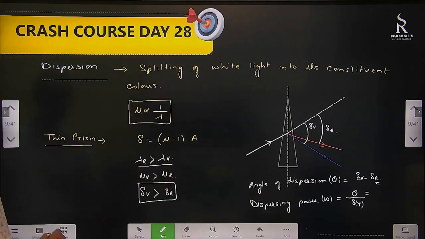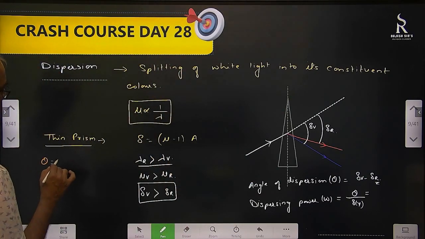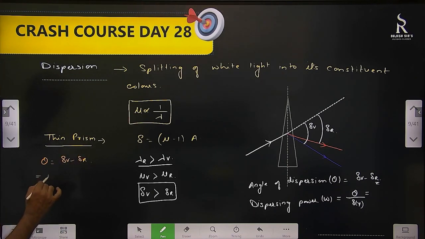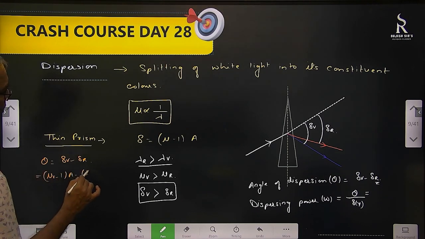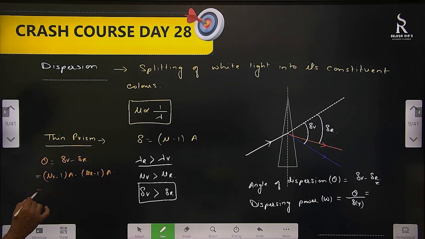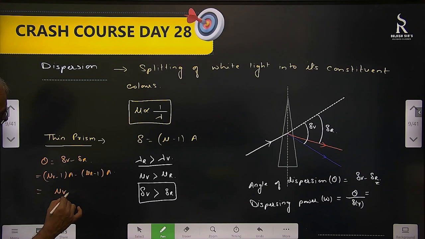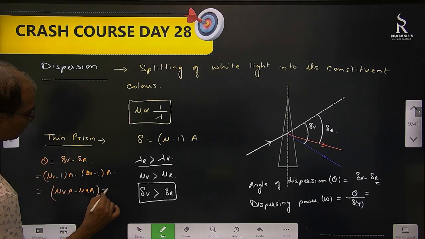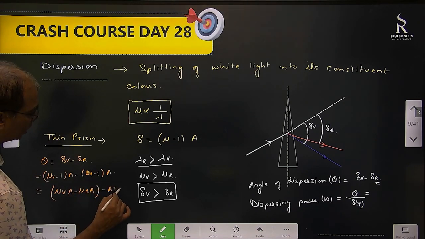Theta value I am doing here. Theta is delta v minus delta r, that is mu v minus 1 into A minus mu r minus 1 into A. So what are we getting? We get mu v into A minus mu r into A, minus A and plus A. So A gets cancelled.